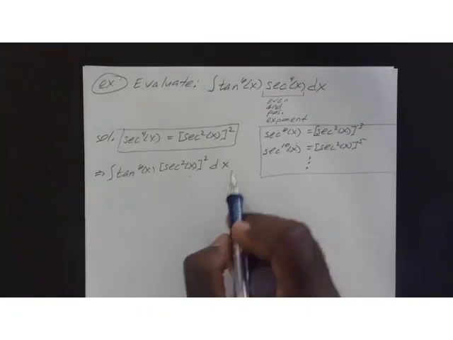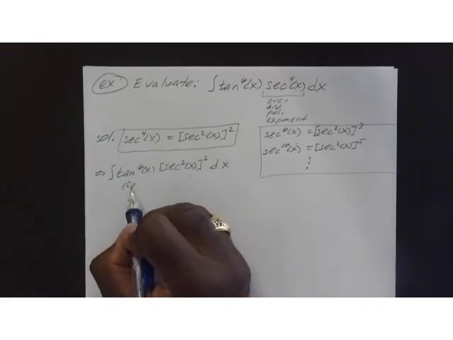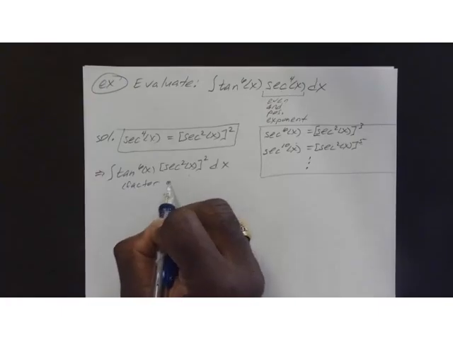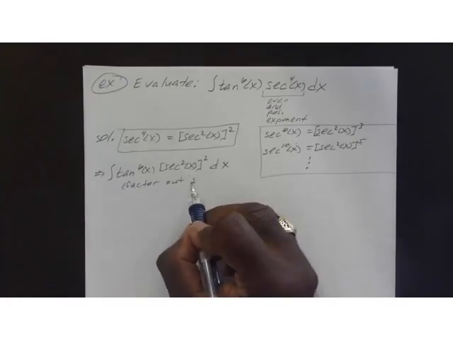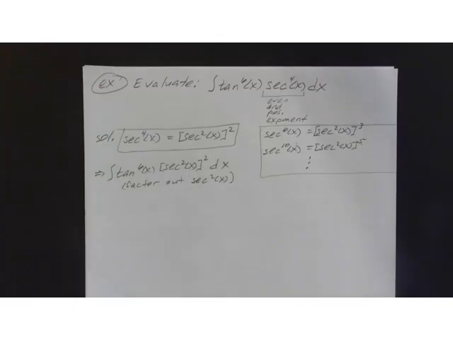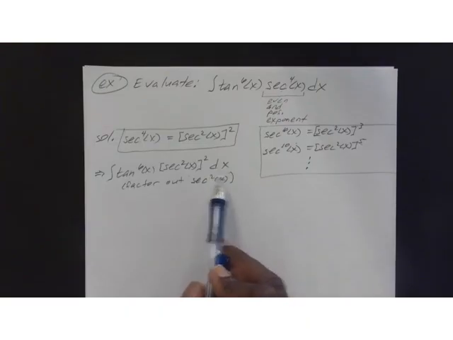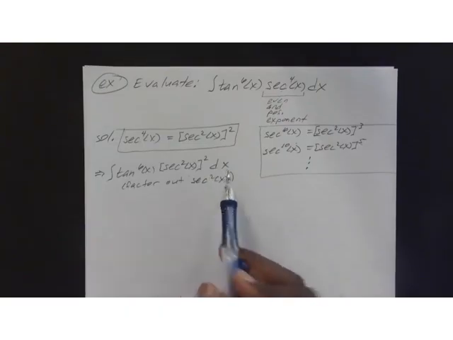Okay. So again, here we're just going to factor out one of those secant squared. So the whole point is to get a secant squared of x dx, or secant squared of whatever with respect to u.